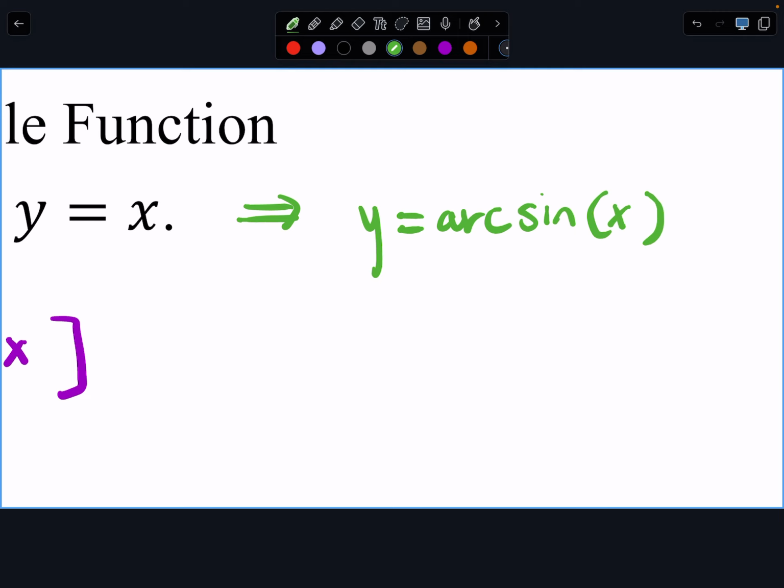Do you guys remember the domain and the range of arcsine, inverse sine? What's the domain of inverse sine? Negative 1 to 1. Good.